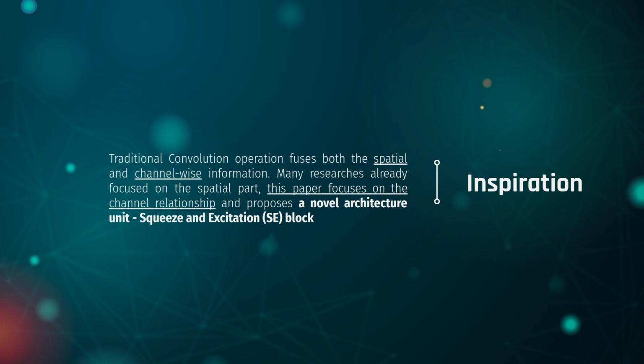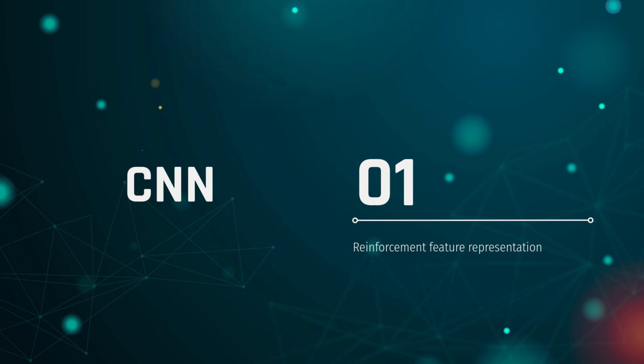So there is embedded information already combined from both spatial and channel-wise information. A lot of papers already focus on different spatial combinations to enhance performance, and this paper will focus more on the channel relationship for the convolution architecture.